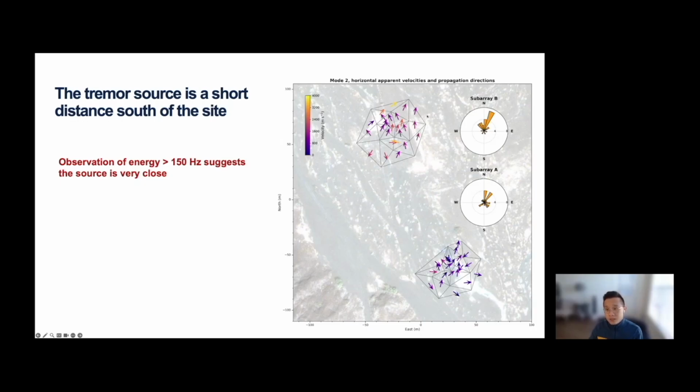And moreover, we see a significantly higher propagation velocity in array B than array A overall, and this is consistent with the subsurface condition of the two sites. Array A is located on a soft sediment, which is relatively uniform.